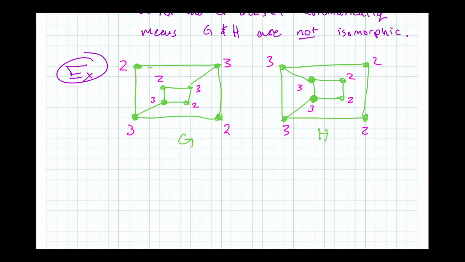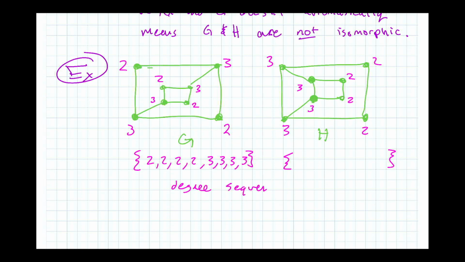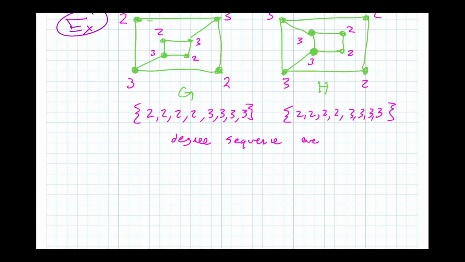If you write the degree sequences down, this one has four 2s and four 3s. And here, if you write down the degree sequences, we still have four 2s and four 3s. So they are the same. But these are still not isomorphic.